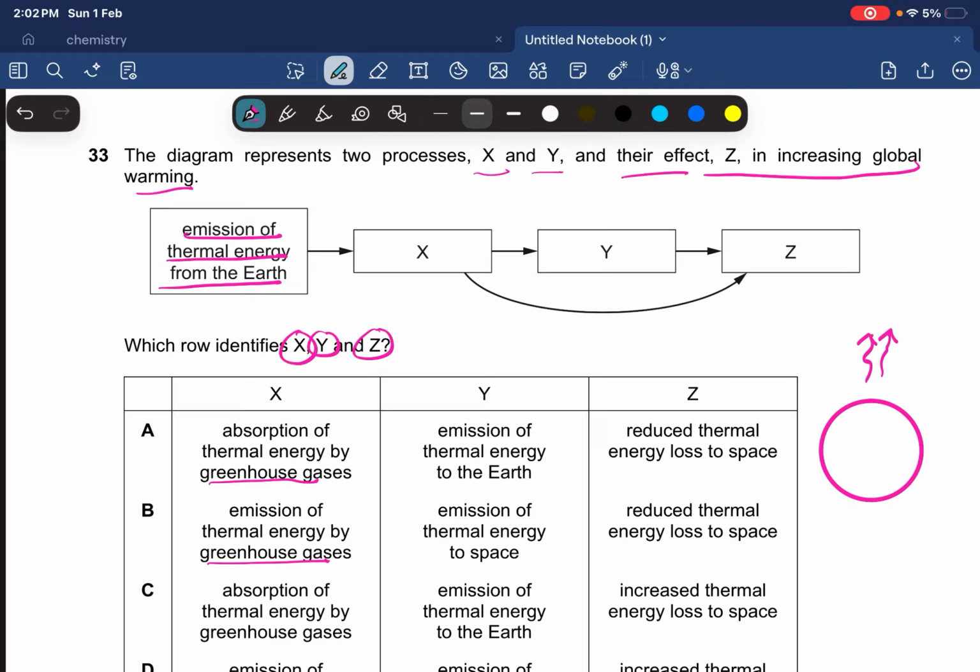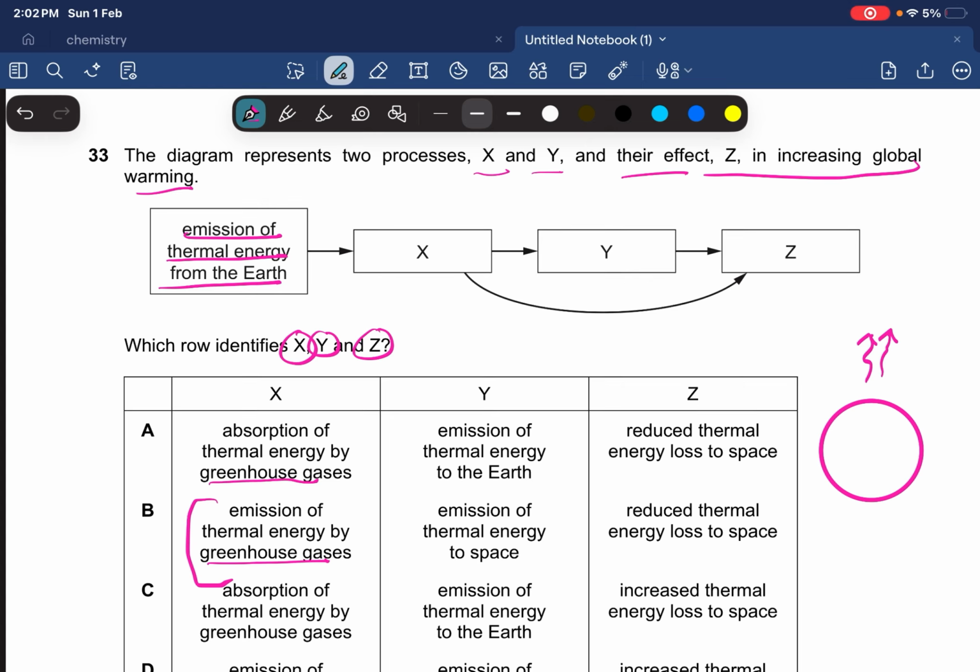Emission of thermal energy to the Earth, right? Emission of thermal energy to space, reduced thermal energy lost to space. Emission of thermal energy by greenhouse gas.